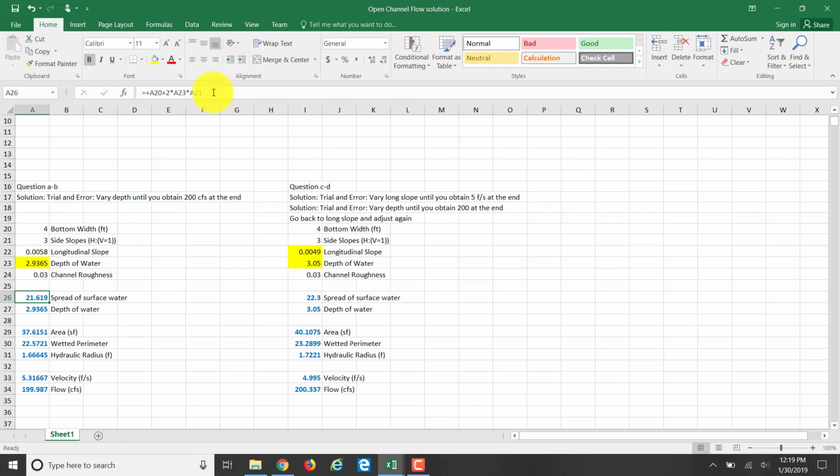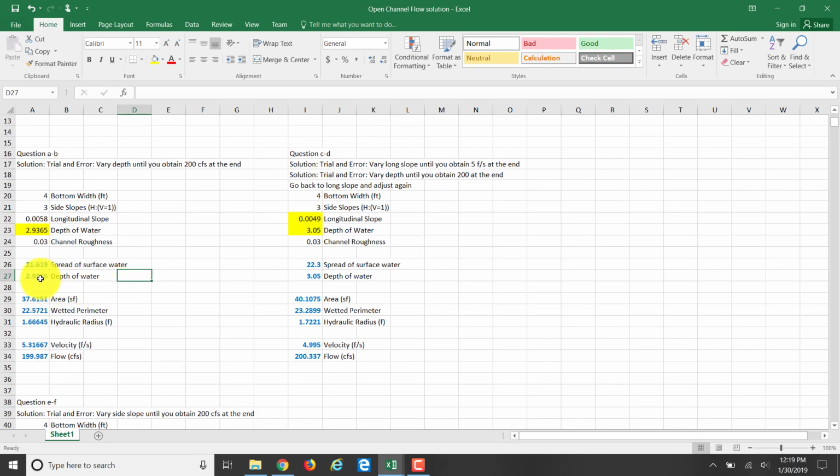To account for that, I have A21, my side slope, times the depth, times 2, added to the width of the bottom of the channel. That gives me my spread of the water across the top.